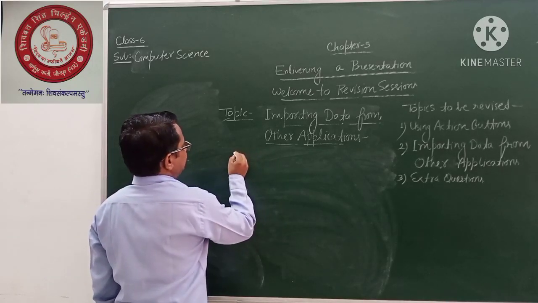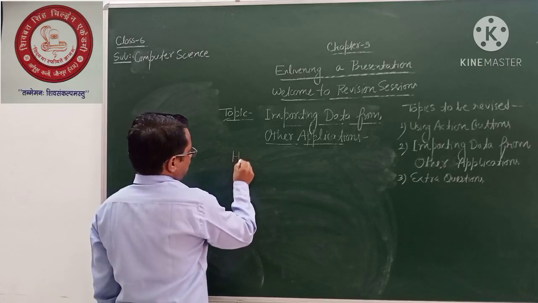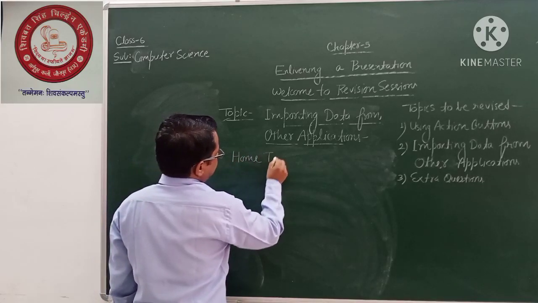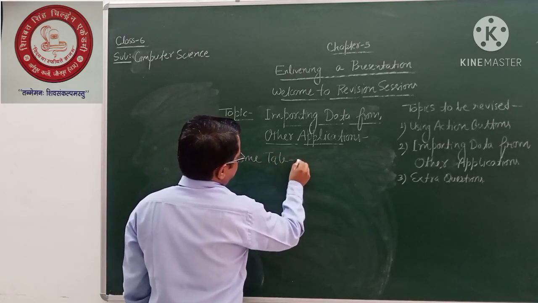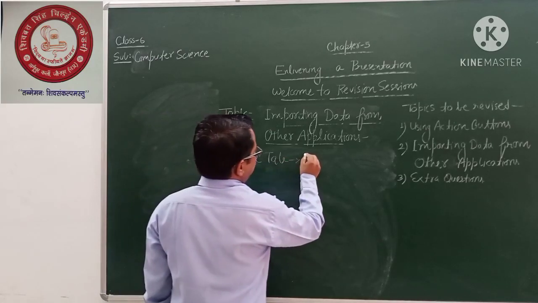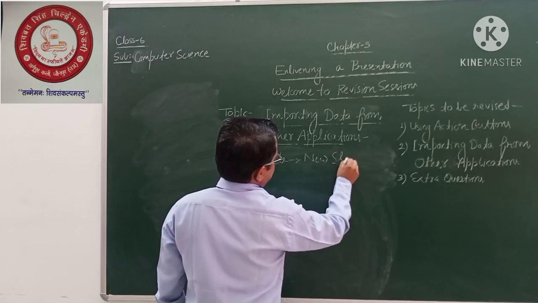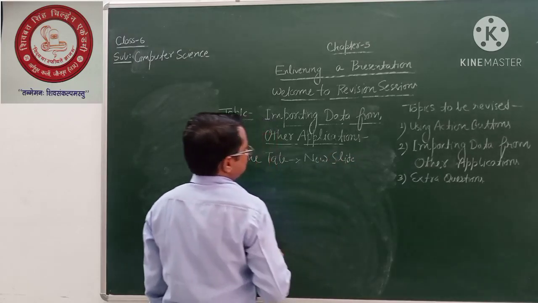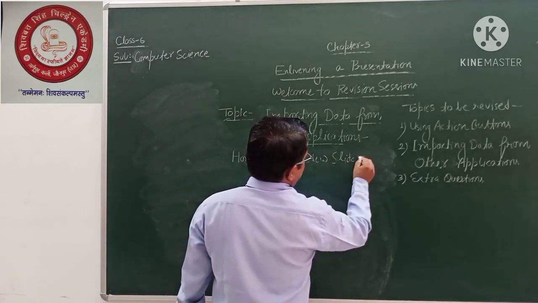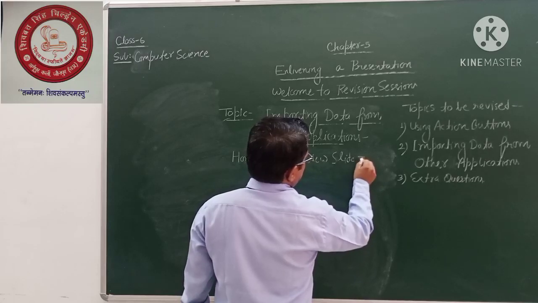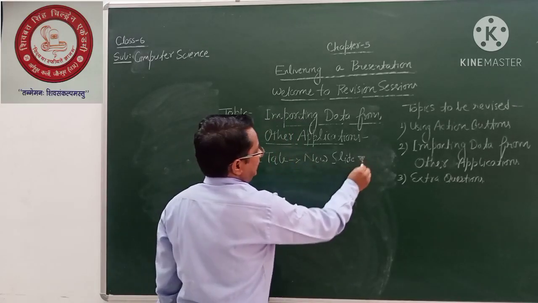First of all, go to the Home tab. In the Home tab, there is one button, New Slide. There is one small triangle there. Click on that.